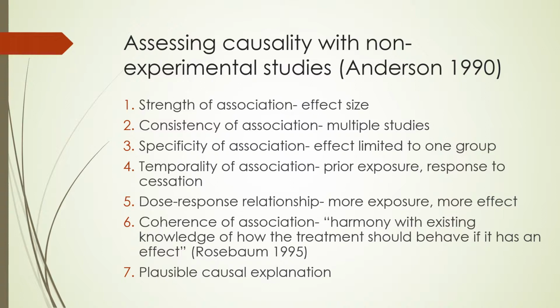So let's go through some of the examples that Anderson provided in his 1990 paper, and I'm going to add one more. The first is strength of association, or effect size.